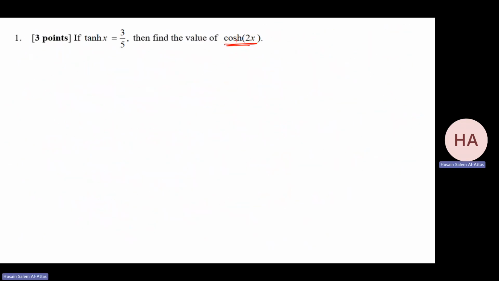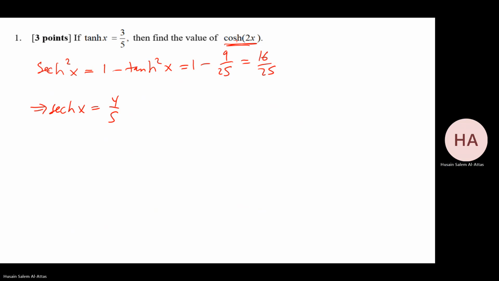So I have secant hyperbolic square of x. That will be 1 minus tan hyperbolic square of x. That will be 1 minus 9 over 25. That will be 16 over 25. So secant hyperbolic x will be 4 over 5. That means cosine hyperbolic of x is 5 over 4.